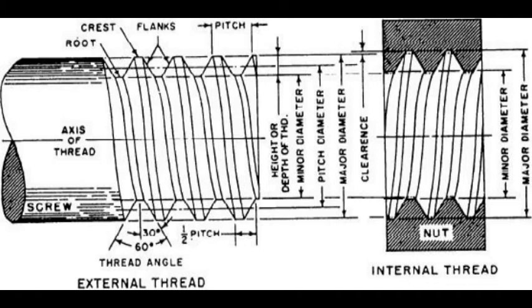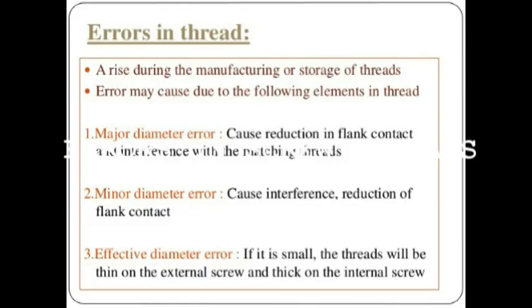The next concept is what are the various errors in screw threads. The errors in screw threads can arise during manufacture or during storage. There are six important elements of thread, and errors in any one of these may cause rejection.